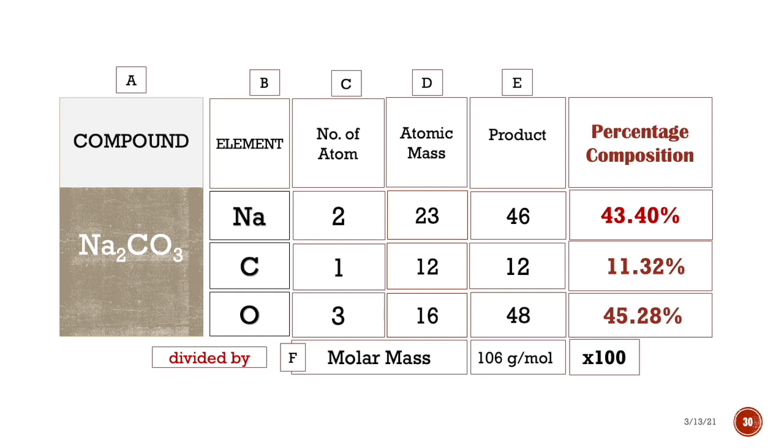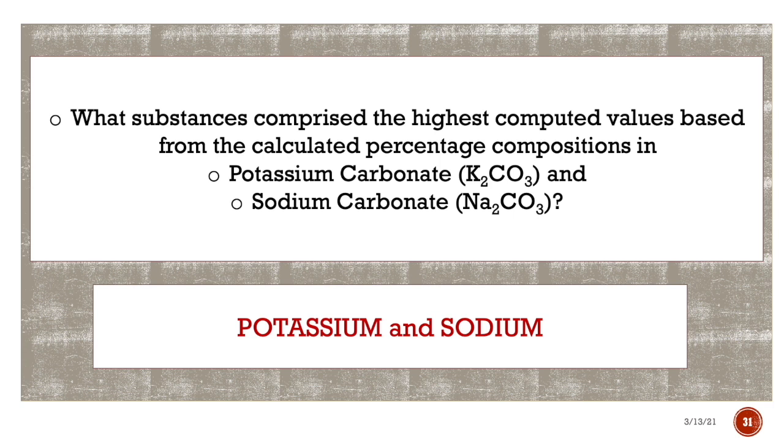So, what substances have the highest computed values based on the calculated percentage composition of potassium carbonate and sodium carbonate? It's potassium and sodium. So what does this indicate?